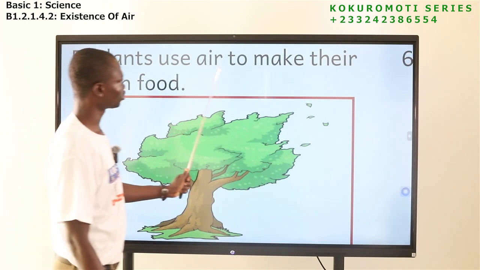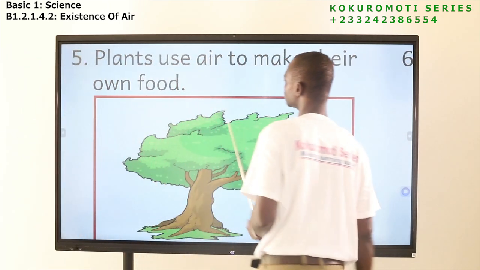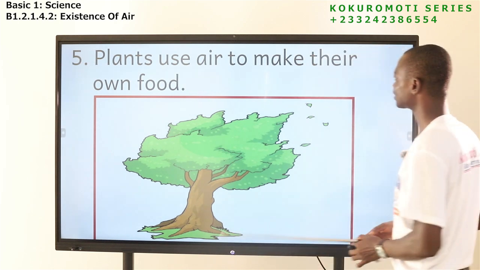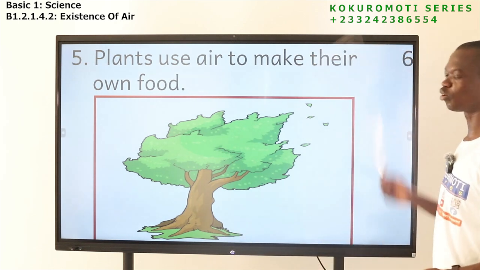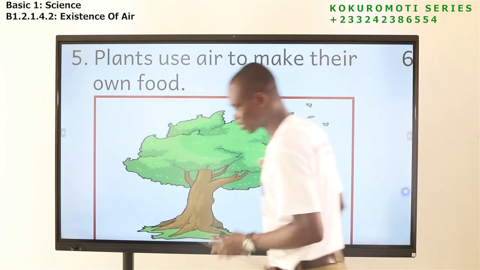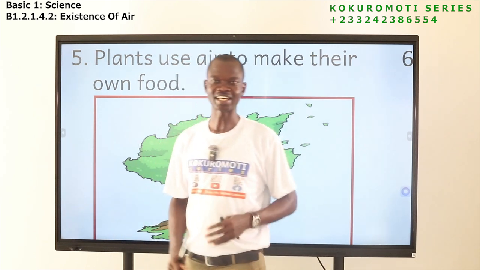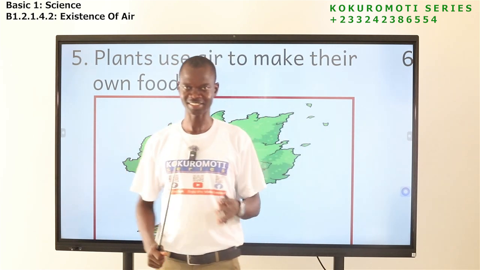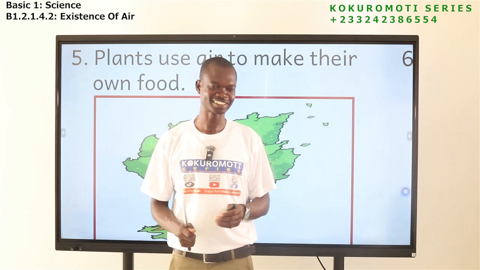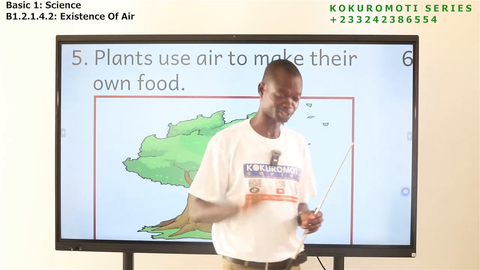Plants use air to make their own food. Yes, plants use what? Air to make their own food. I have explained to you that there is something called photosynthesis. Or you don't know it? Okay, so let me come down to your level.